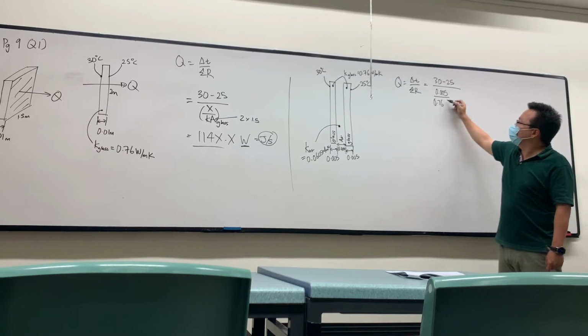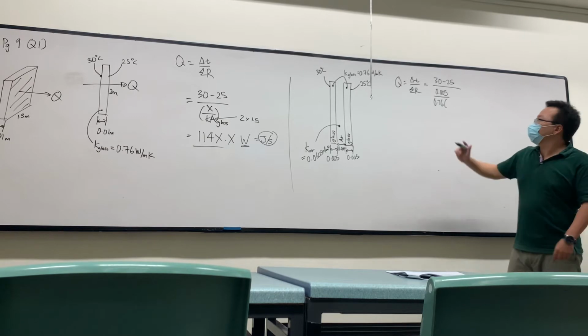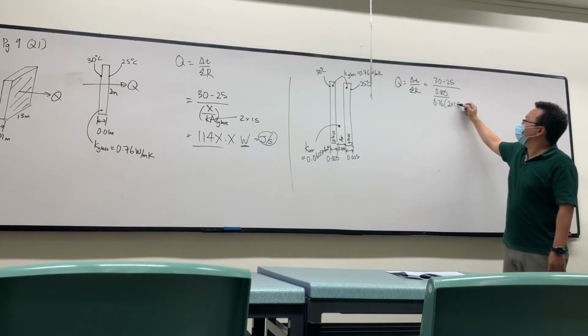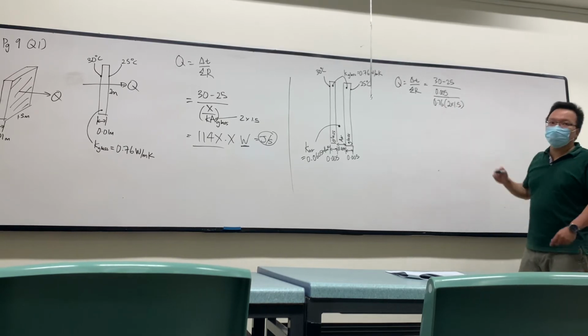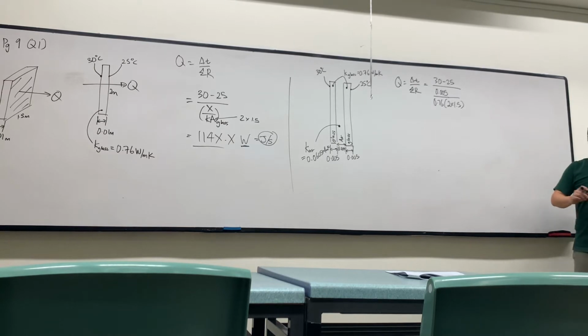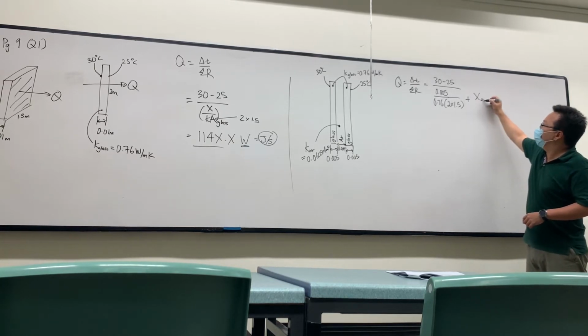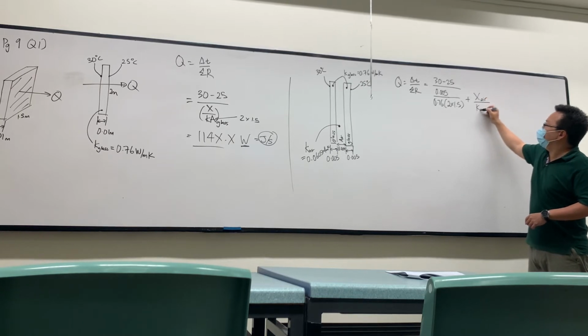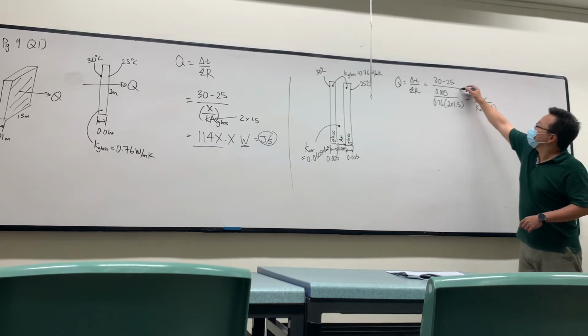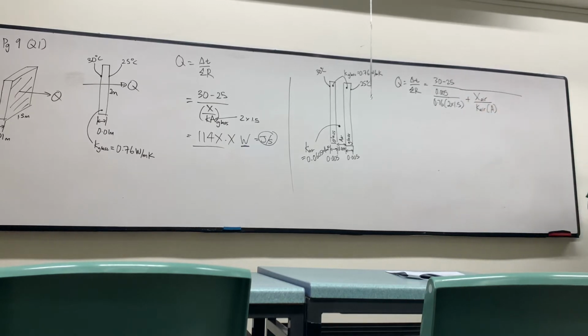Good. This is your first layer. Then you follow by your second layer, which is your X air over your K air over your A. Then you can add one more time for your third layer, or your second piece of glass.